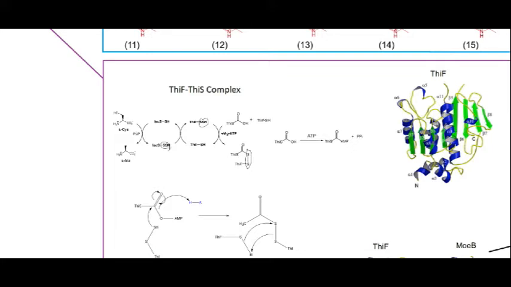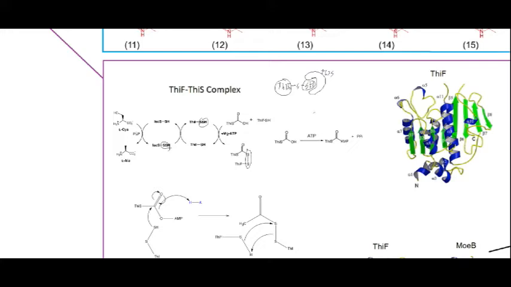And so what ends up happening is essentially we have the ThiI, which has the persulfide here. And then the ThiS comes and attaches to it. And so this sort of breaks off that sulfur here onto the ThiS. So this is our ThiS.